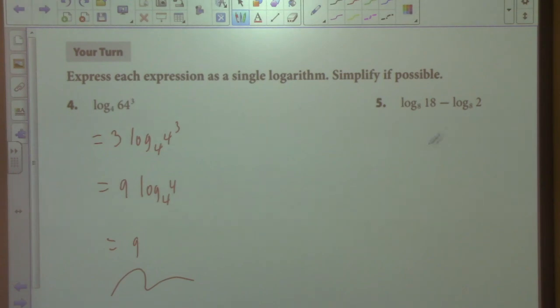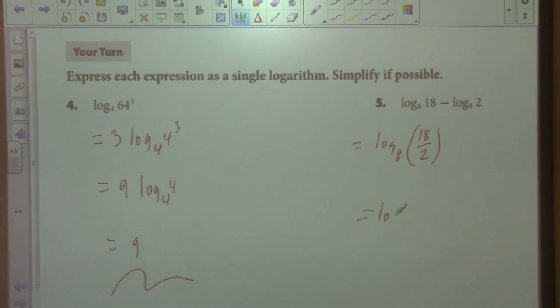Okay? And now for this next one, number 5, this is going to be equal to log base 8 of 18 divided by 2. So that's the quotient property of logarithms. And so that's going to be simplified to log base 8. Let me write the base better.